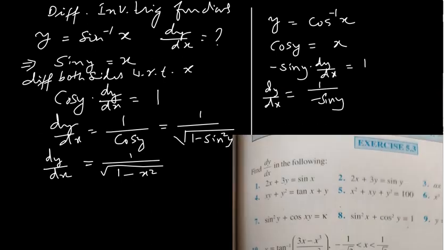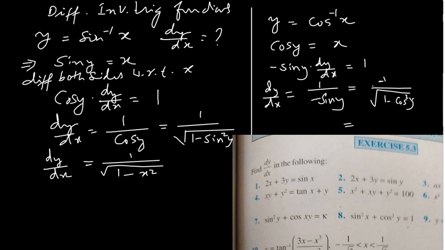So that's equal to minus 1 divided by, we can take this minus to the top, sin y, which means square root of 1 minus cos square y. Correct. Cos square y.